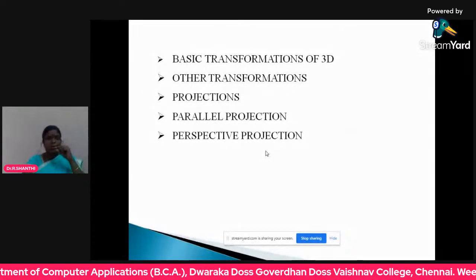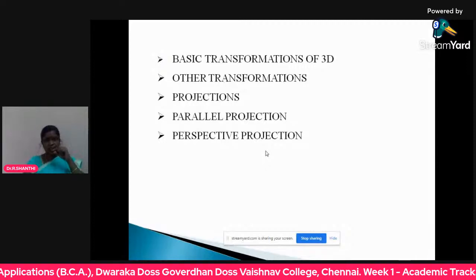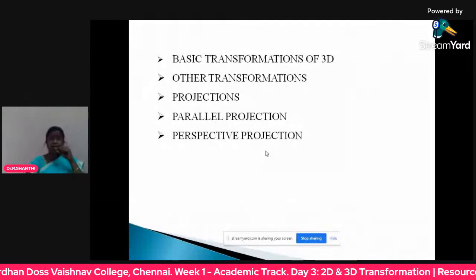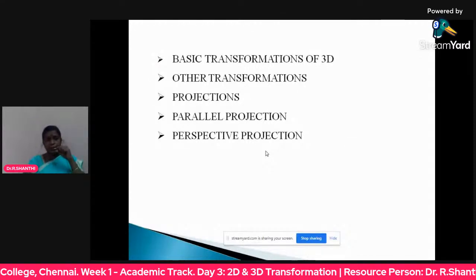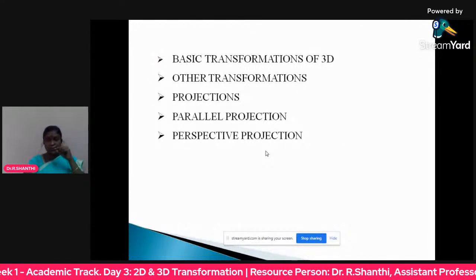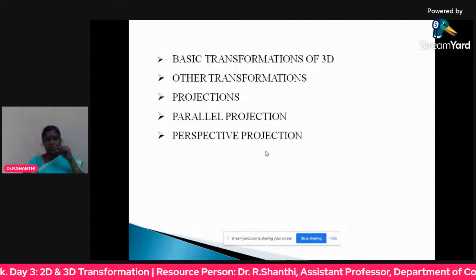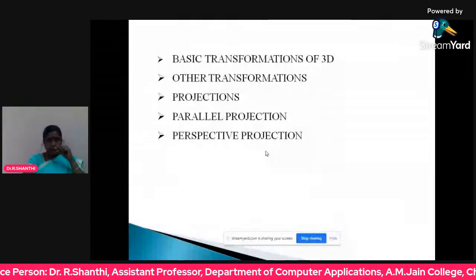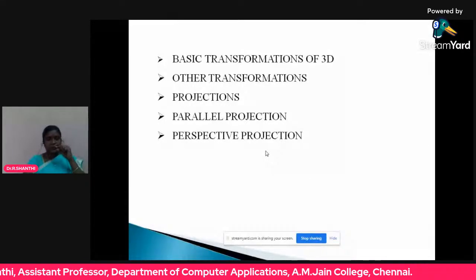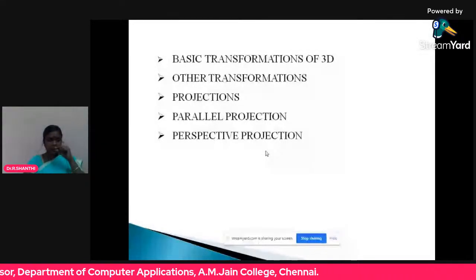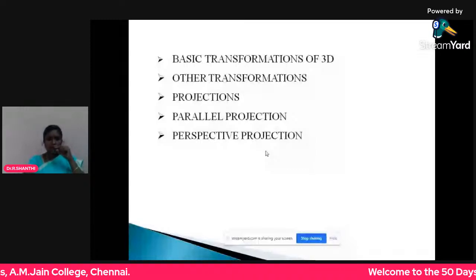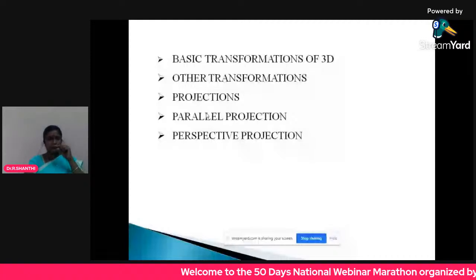The next topic is projections. We will be seeing 2D and 3D separately, and at last in projection, we will be converting from one form, that is from 3D to 2D. How it happens. Then parallel projection and perspective projection, these are the types of projections. So projection is nothing but how we are going to convert 3D to 2D. Under this, you have two different topics.